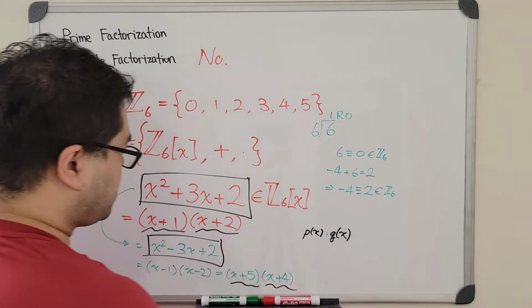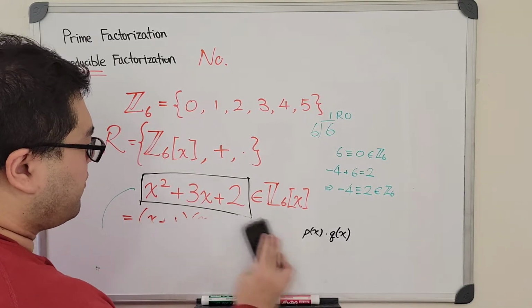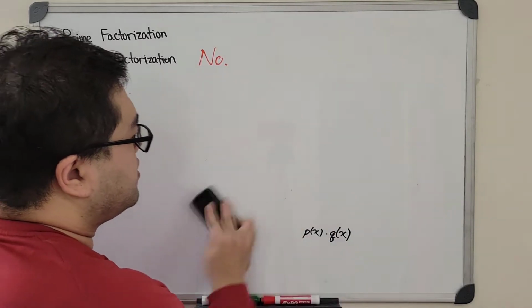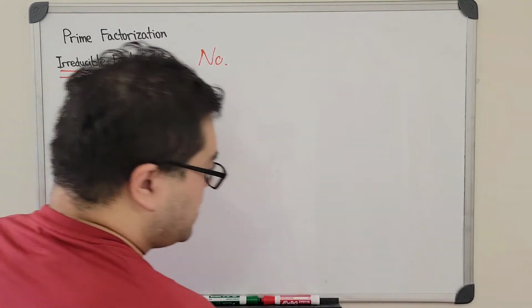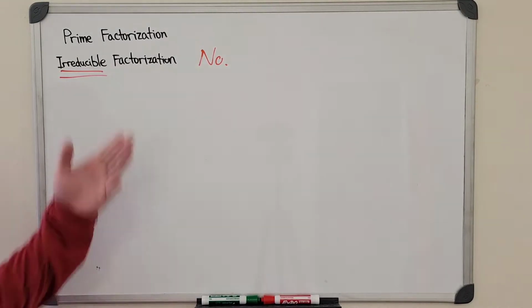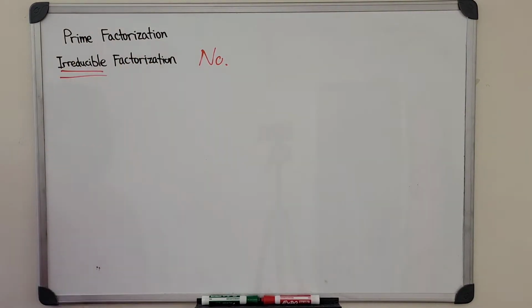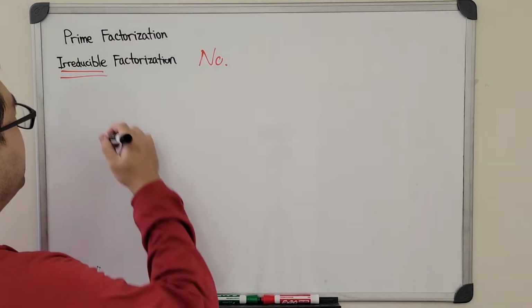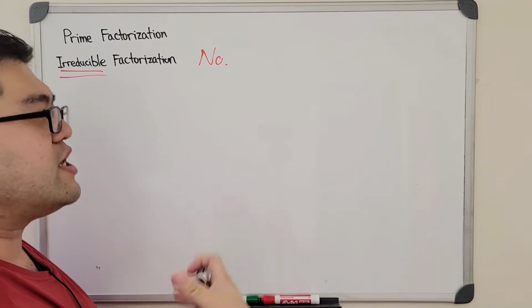Good. So now we're going to move back and talk about prime factorization. Before we talk about whether it is always unique or not, let's talk about what a prime actually is. And be careful, prime is not the same as prime number.